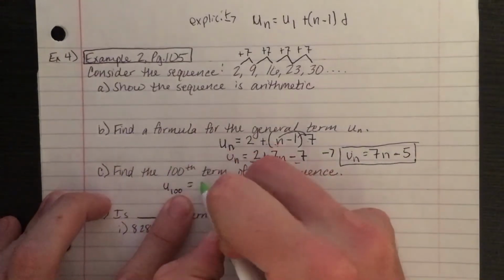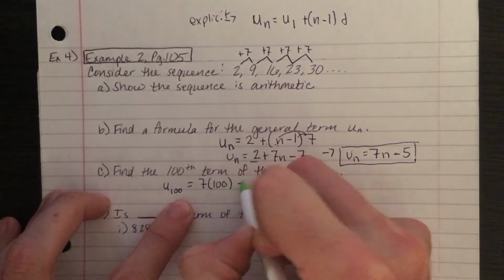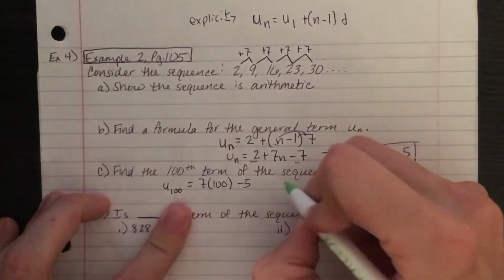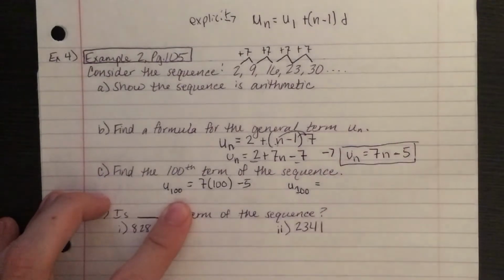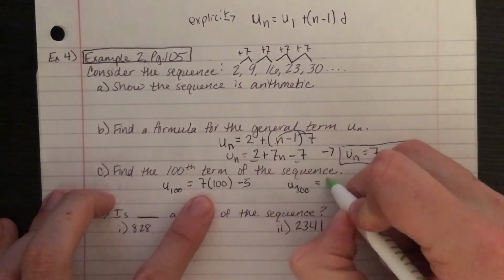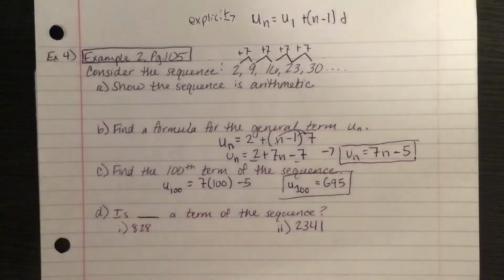We're going to say 7 times 100 minus 5. As a result, our 100th term in the sequence, if that pattern holds, which we're assuming it does, is going to be 695, 700 minus 5.